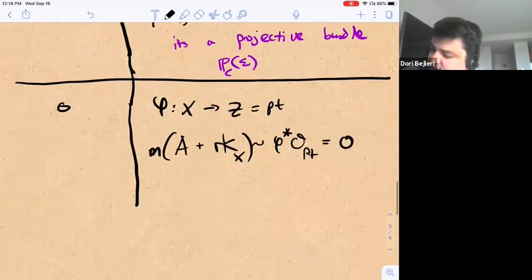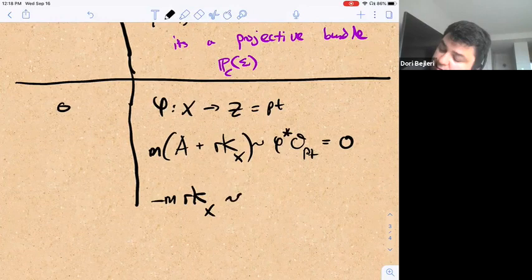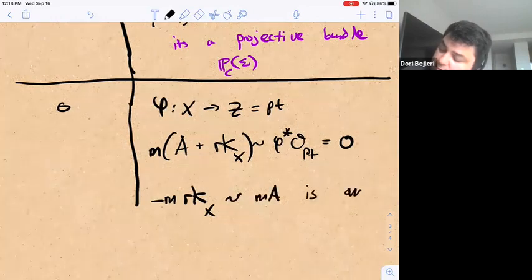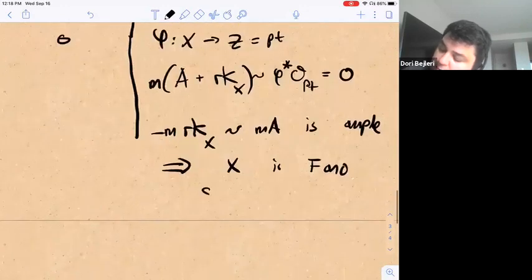So that tells us that up to taking some large multiples, MR Kx, or maybe minus MR Kx, is equivalent to MA, which is ample. So X is Fano, since minus Kx is ample.